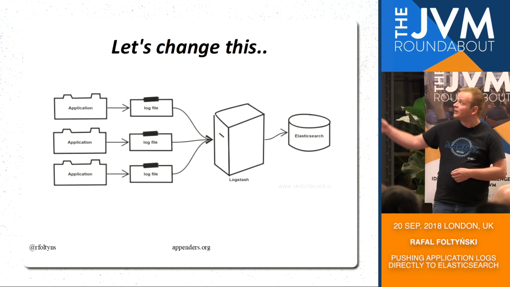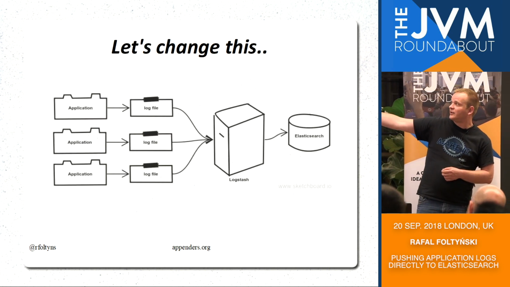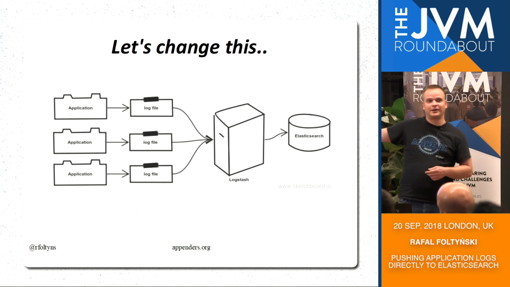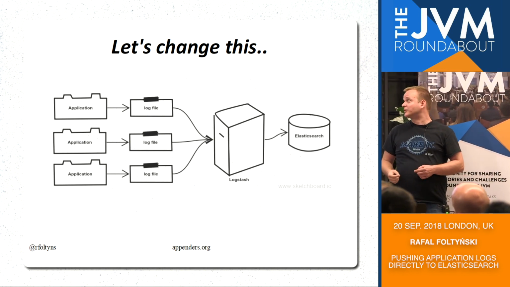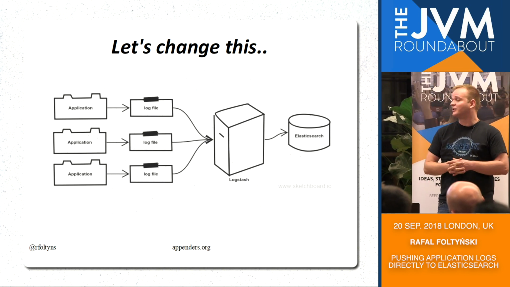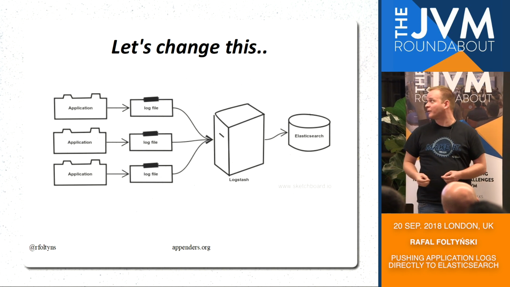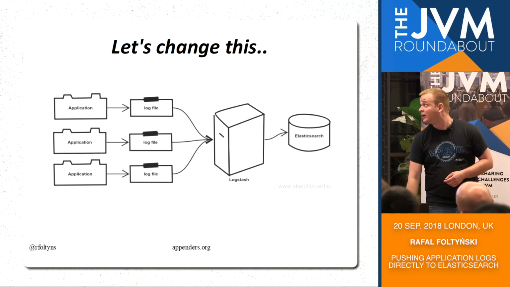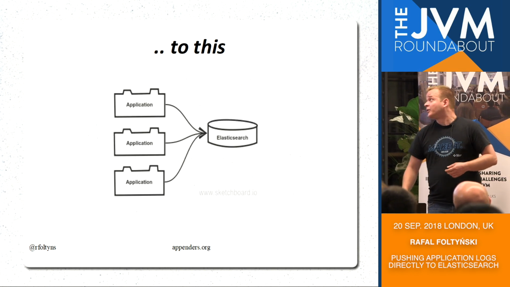So the goal was to change this kind of architecture, where you have multiple applications writing multiple log files, pushing all the logs to Logstash, spending resources on processing and reformatting your logs before actually pushing them to Elasticsearch, to architecture like this.